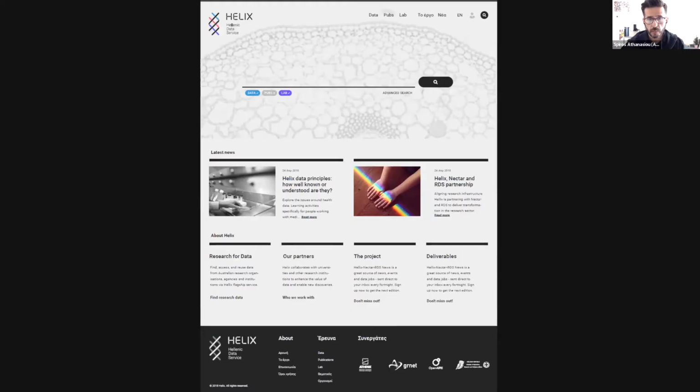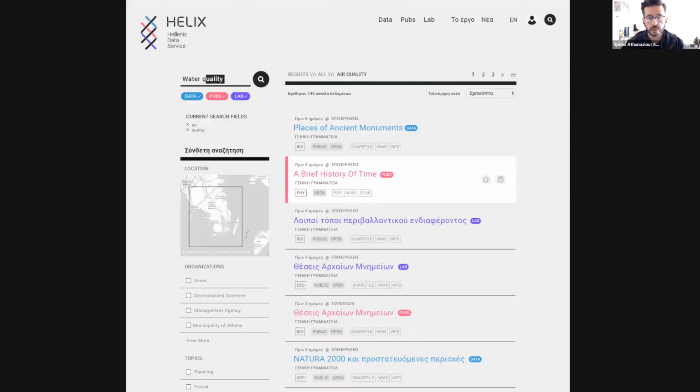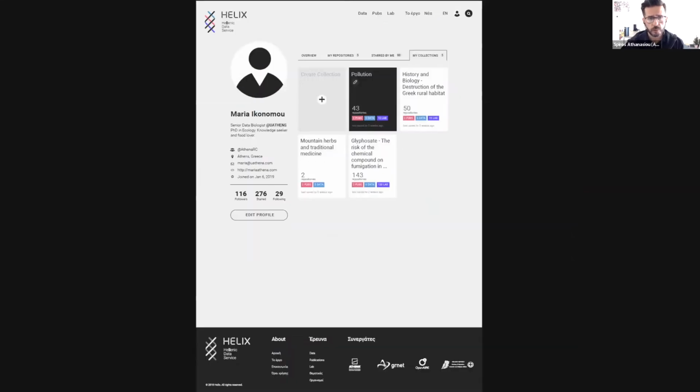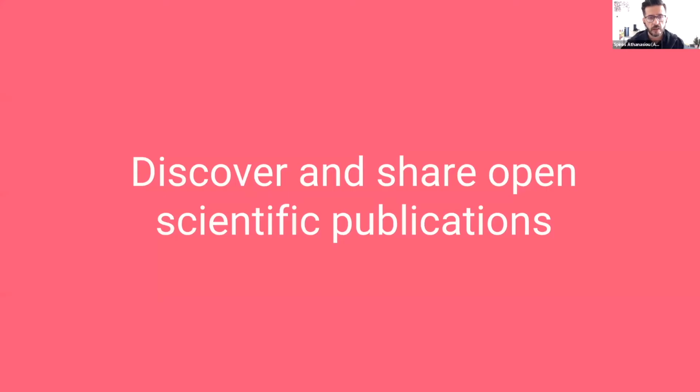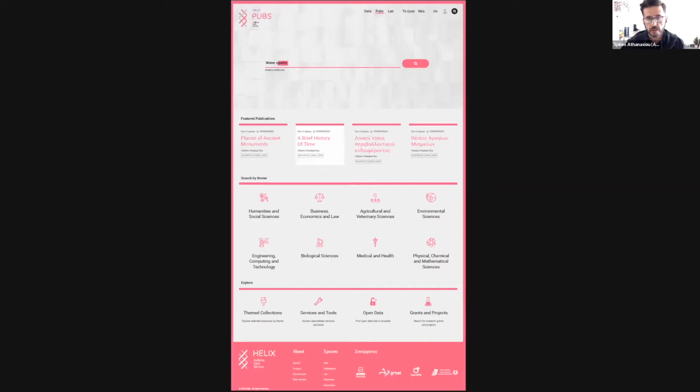This is the landing page, so in one place users can search and find data, pubs, and Jupyter notebooks, for example, right? With their own personal profile, collections, standard things. Now, publications, as you can see, we have a homogenized UX.